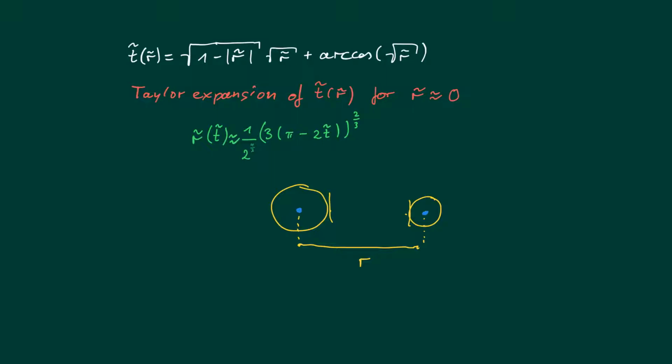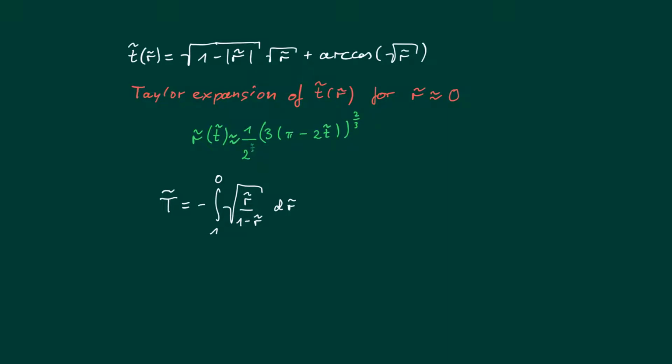And this time is given by the integral where the final radius is now, not radius, but distance is now 0. And we simply have to look back in our previous solution of this integral and see that this is given by the arccosine of 1, and this is pi half.